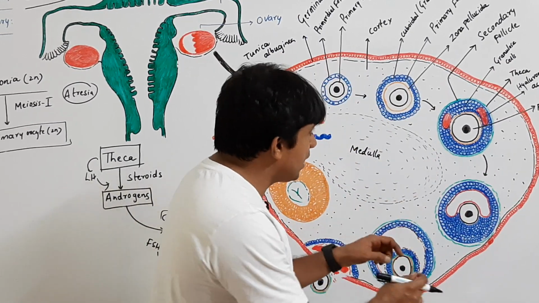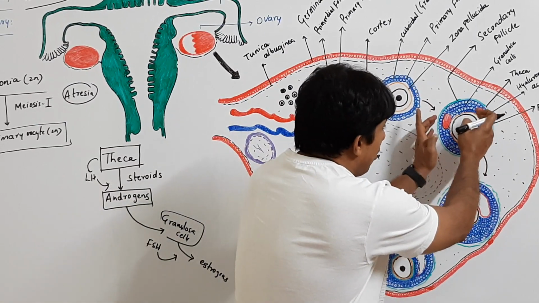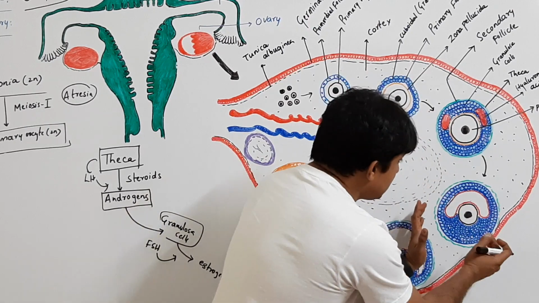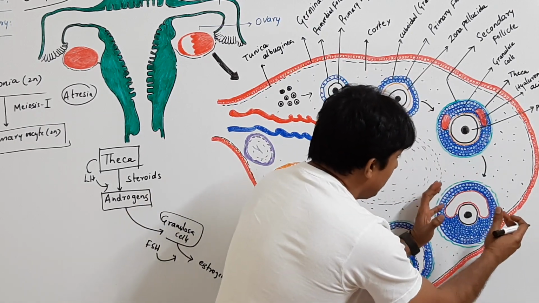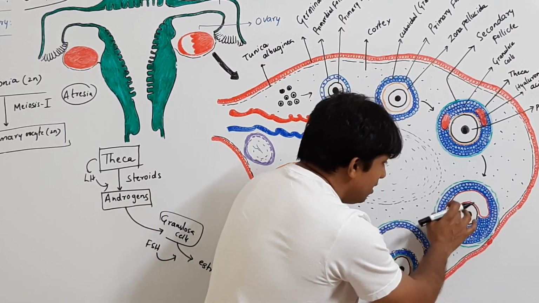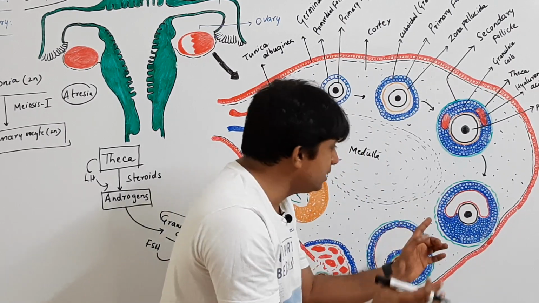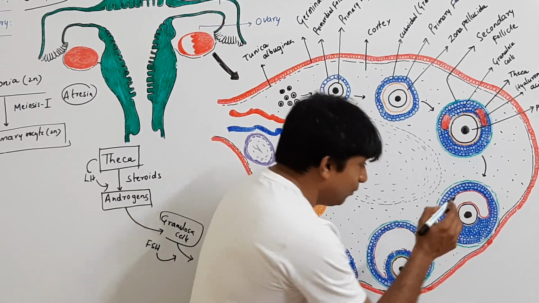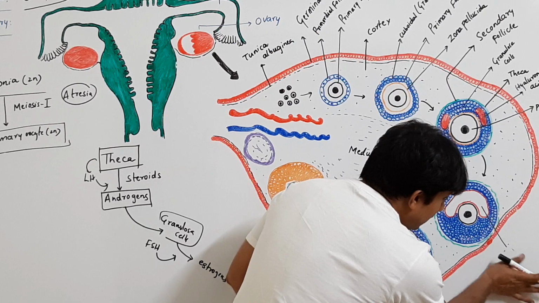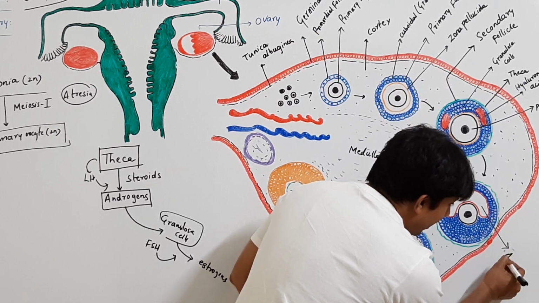Fine. Now at this stage, the fluid filled pockets of granulosa cells that are formed will keep on expanding, diffuse and form a larger cavity inside the follicle. This cavity that is formed inside the follicle is now called the antrum.